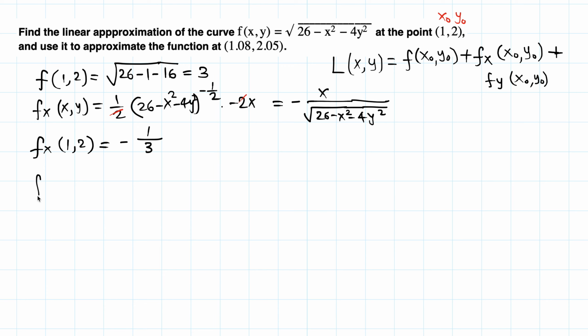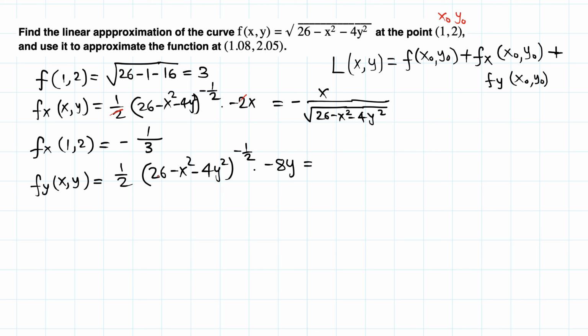Now next we need to find the partial derivative with respect to y of this function. Again, this is this raised to 1/2, so 1/2 times 26 minus x squared minus 4y squared raised to negative 1/2 times the derivative of the inside from the chain rule in terms of y. So 0, 0, negative 8y.